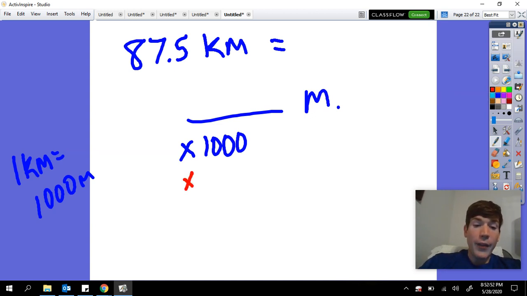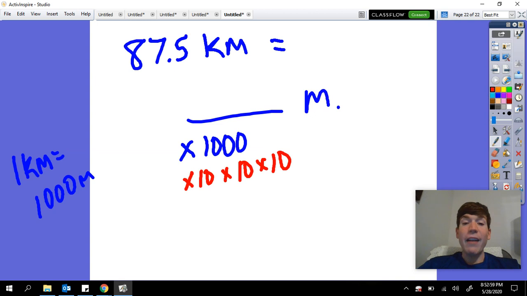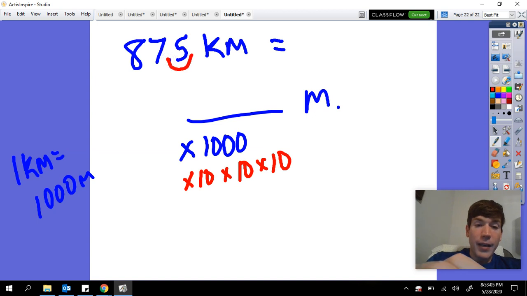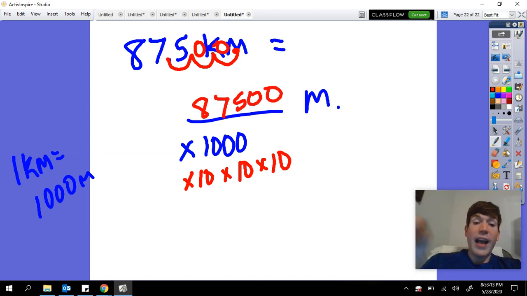Remember, multiplying by 1,000 is the same thing as multiplying by 10 3 times. And every time we multiply by 10, we're just moving that decimal over one time. So if I wanted to multiply by 10, by 10, by 10, I now figure out that in a normal week, I would ride 87,500 meters.